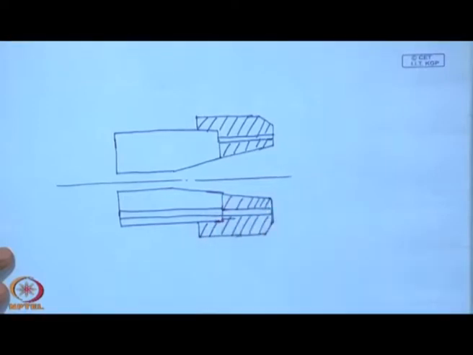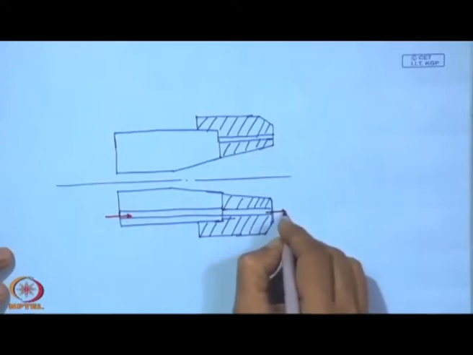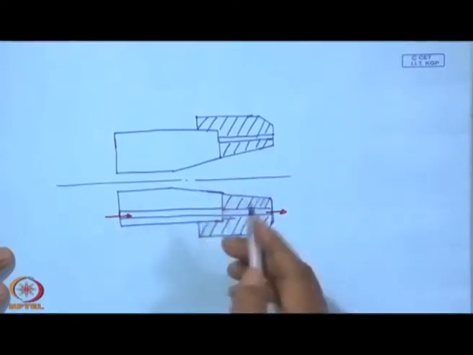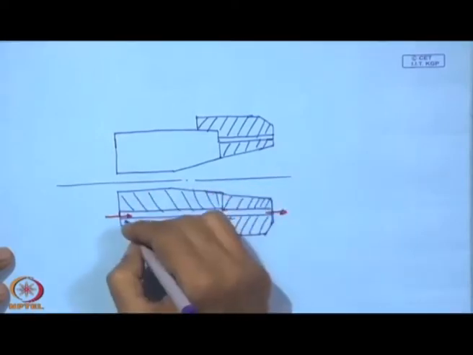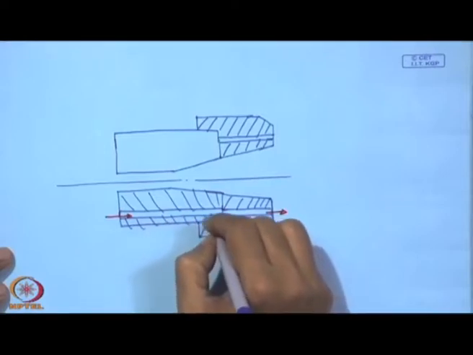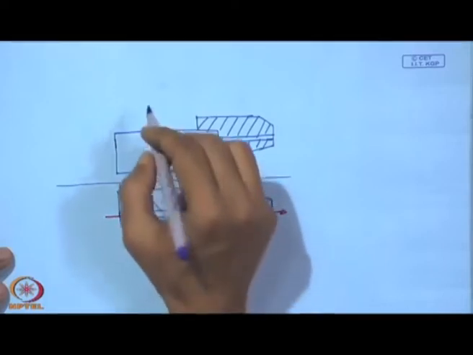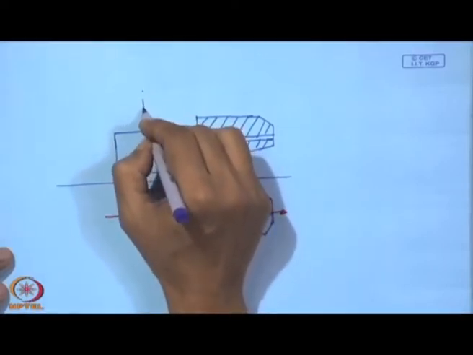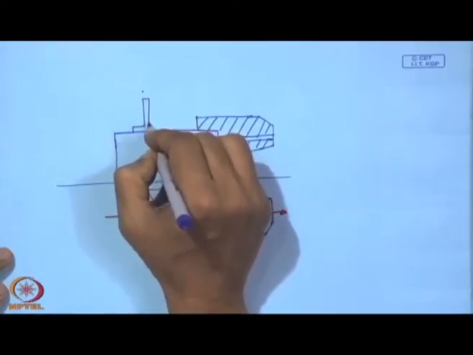Here we have a direct flow passage up to this point, and then on this side we have done the modification. That means here we have the metal container, and a connectivity between these two.